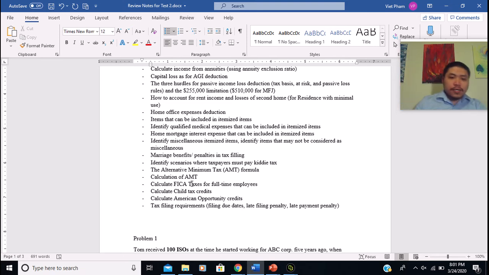So and then we also discuss different types of tax credits in chapter 8. So make sure you know how to calculate child tax credits, and you already know how to calculate it, right? So it's like $2,000 per qualifying child, right?